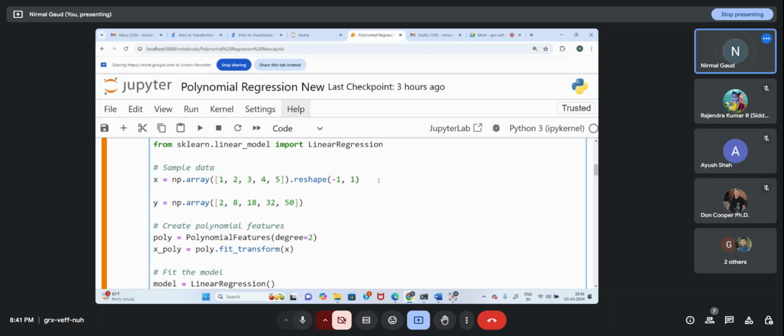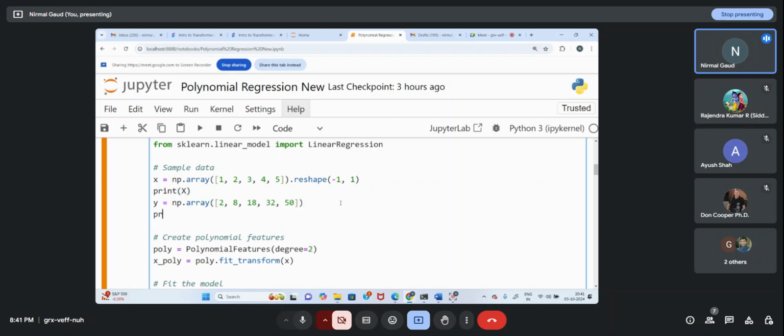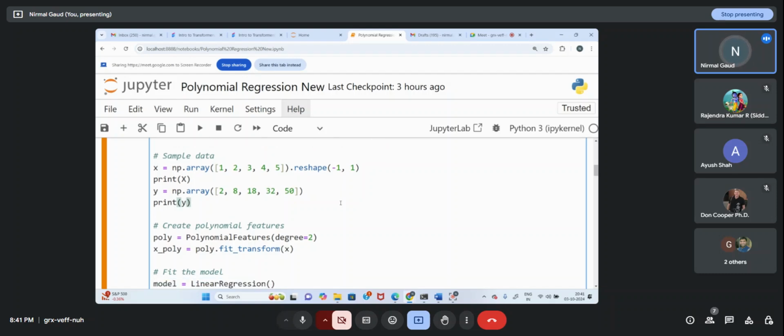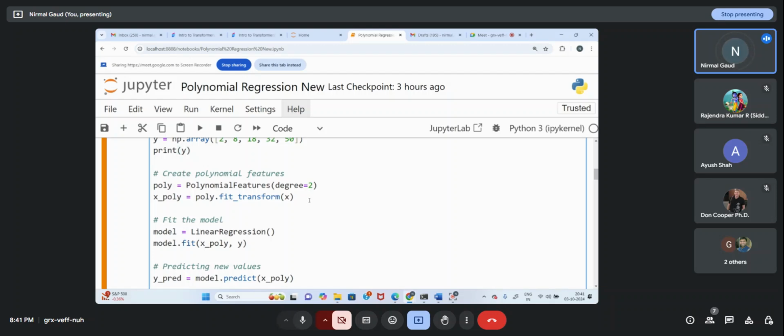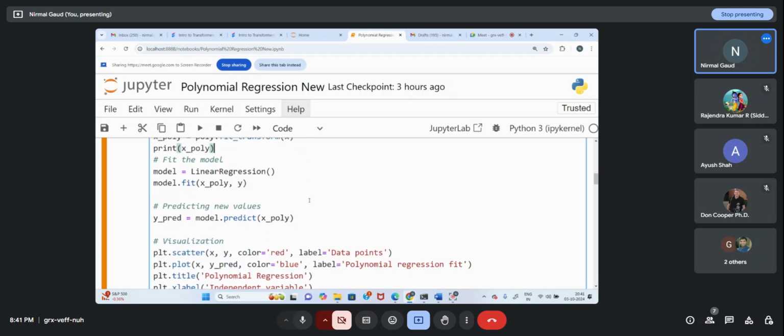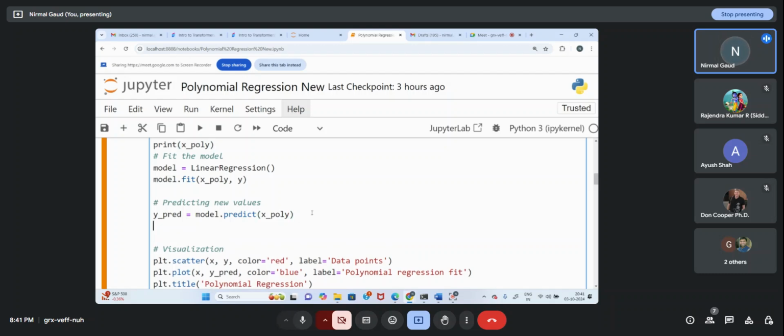Let me first print x, the data which we are taking. Let me print y, the output which we are taking. These are the arrays. And here, let me print what we got after fitting. Let me print the predictions also, after model training.